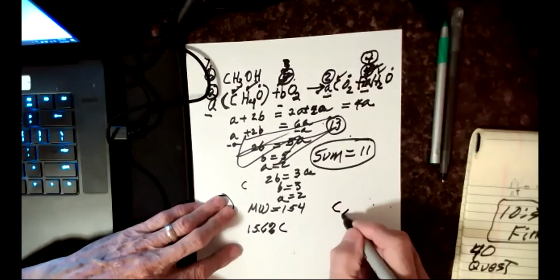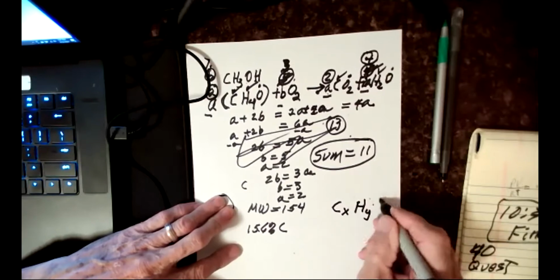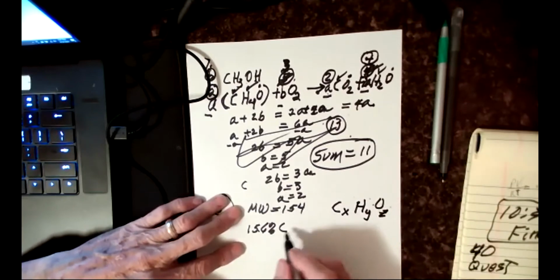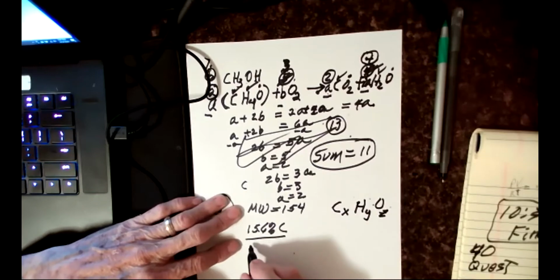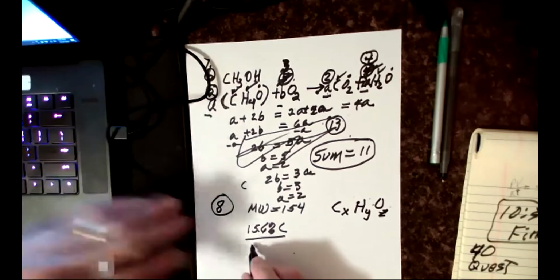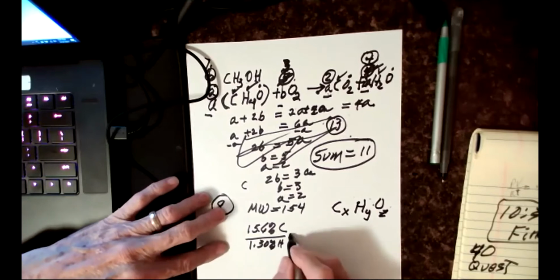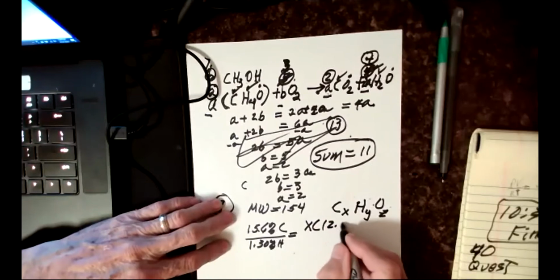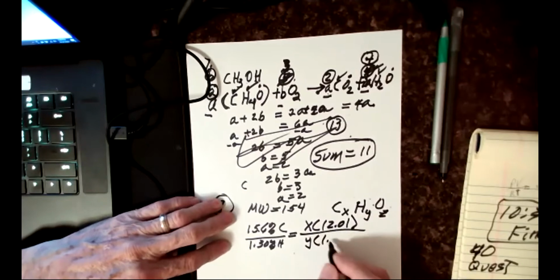So I'm going to say C X H Y O Z. That's going to be my formula. So percent carbon is 15.6. The percent hydrogen is 1.30. In the formula, I've got X carbons, times 12.01, and I've got Y hydrogens, at 1.008 for its atomic weight.